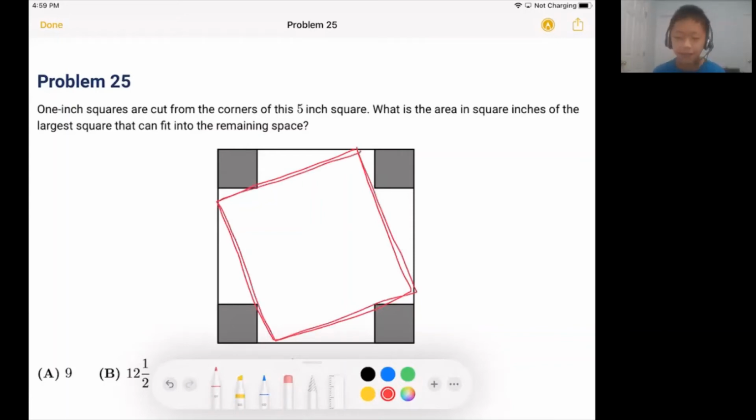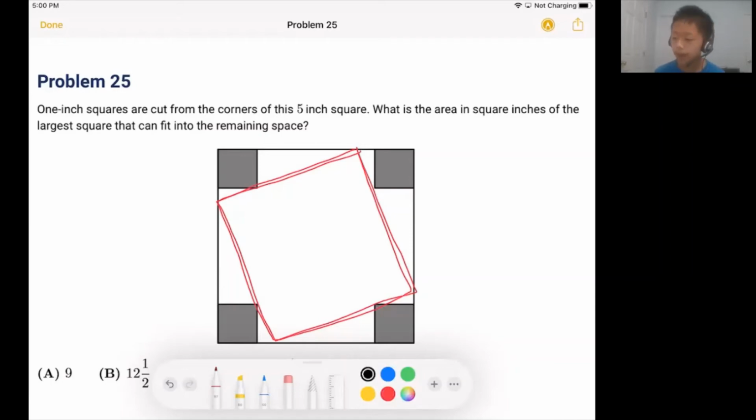The reason this square will be bigger is because you're now taking up more space, using your space more wisely. So this red square should be our maximum area now, because we're taking up as much space as possible. Now, how can we find the area of this square?